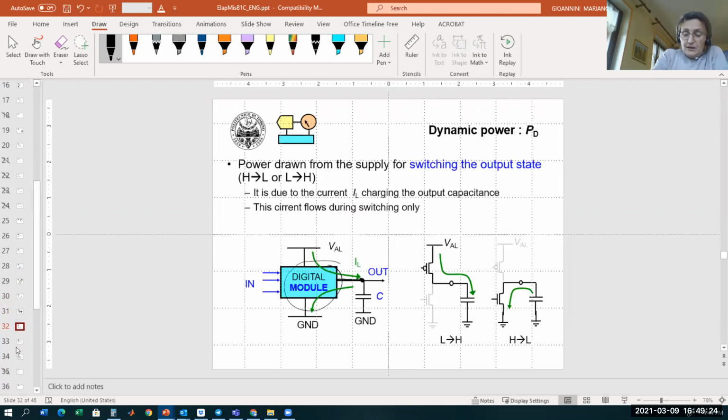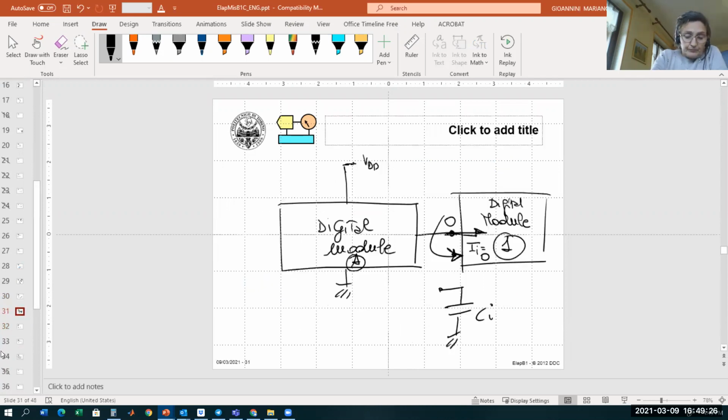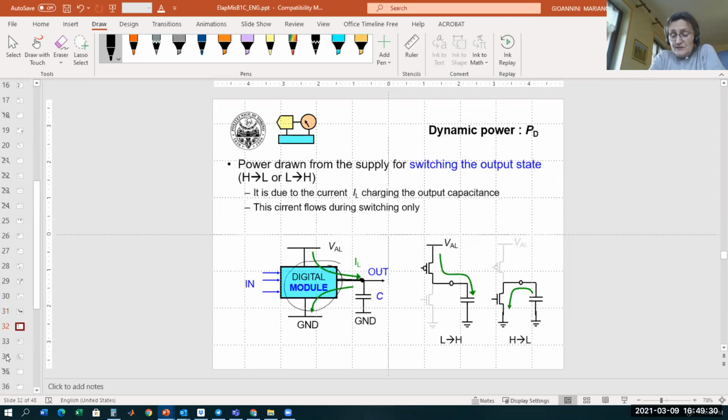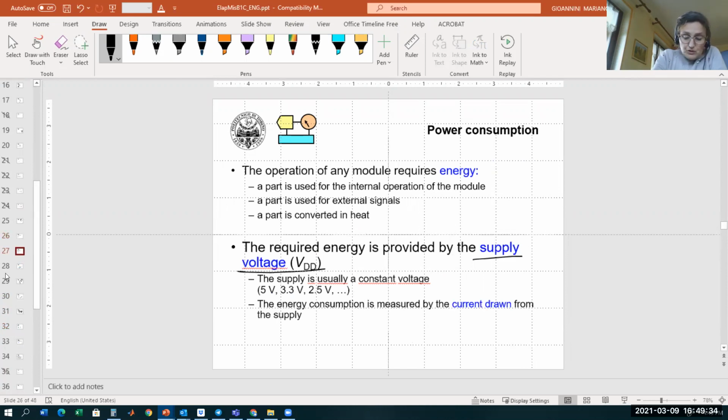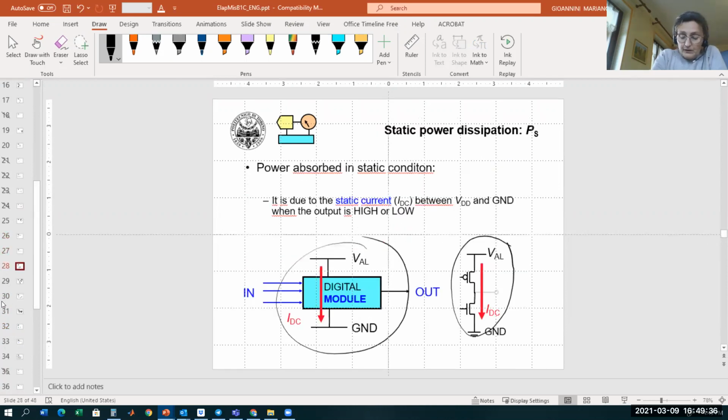So this is explained here. Let me go back to the original slides. This is what happens when we are in steady state.